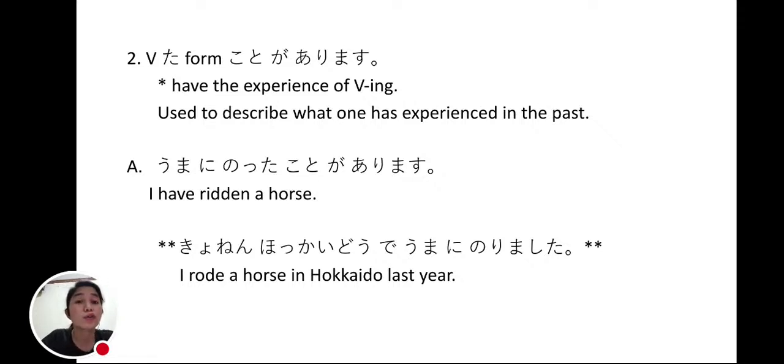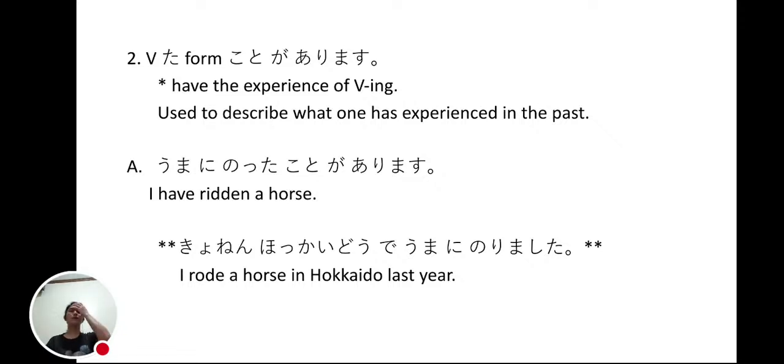So koto ga arimasu is different when you say what you did last year. For example, in Tagalog, iba yung sasabihin mong, last year, sumakay ako ng kabayo, nagpunta ako ng Hokkaido. Versus, sasabihin mong, na-experience kong nakasakay na ako ng kabayo. Ganun. So, it's different.